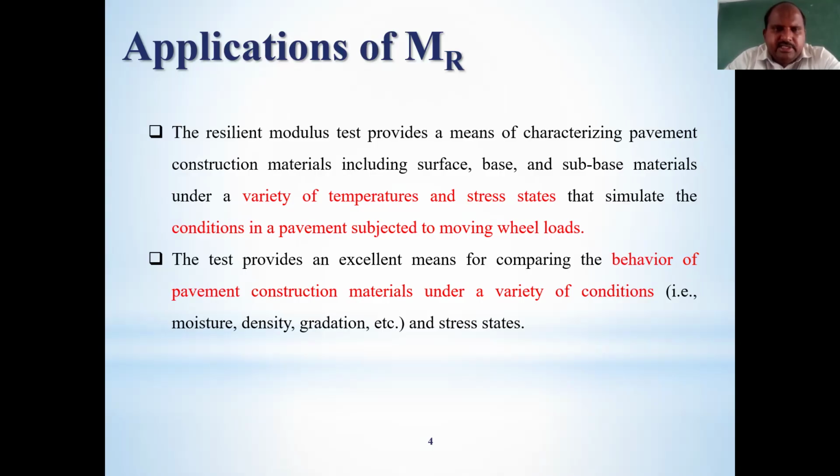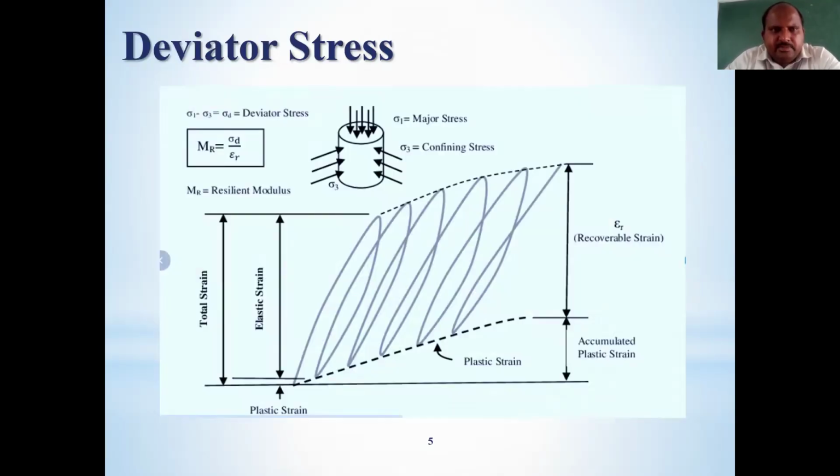The next one is that we are having a number of tests. The test provides an excellent means for comparing the behavior of pavement construction materials under a variety of conditions, for example moisture, density, gradation, and stress states, etc. And this is some diagram about the deviatoric stress. It contains the total elastic strain, elastic strain, as well as plastic strain.